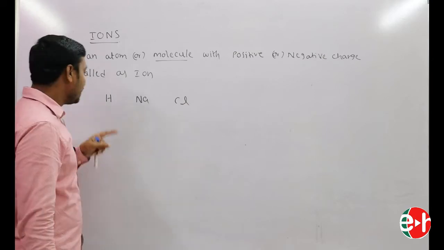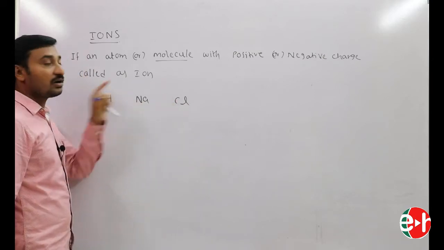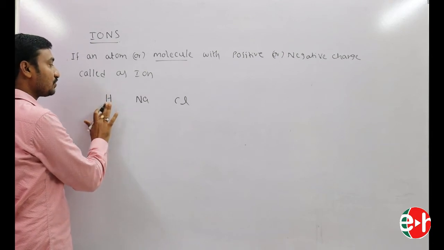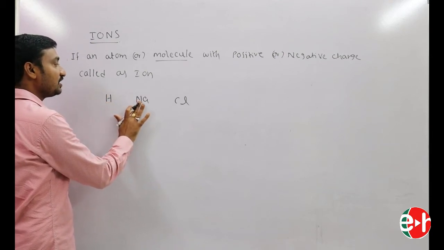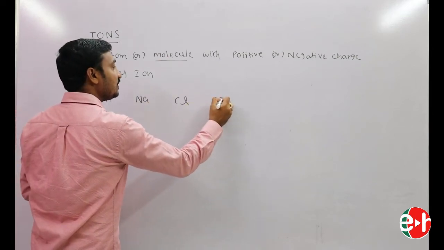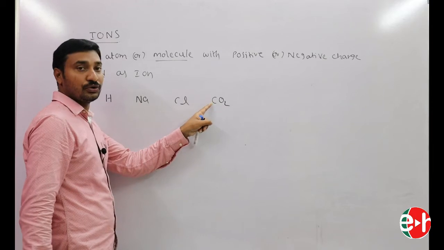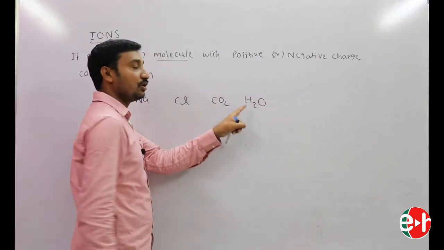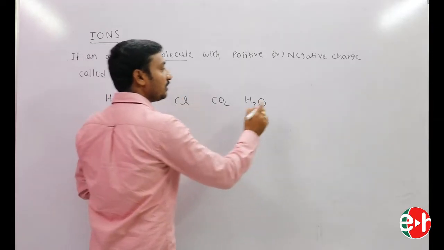Ions. Okay, see, these are not called ions because no charge, no positive charge or no negative charge. So this is hydrogen atom, this is sodium atom, this is chlorine atom, this is CO2, carbon dioxide molecule, H2O, water molecule. These are all neutral.